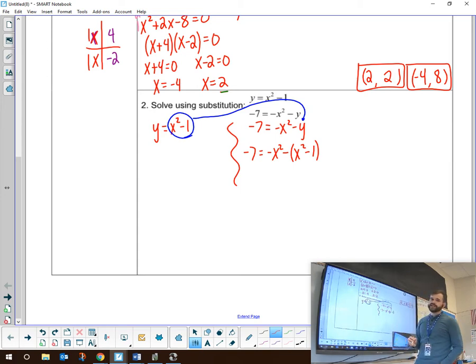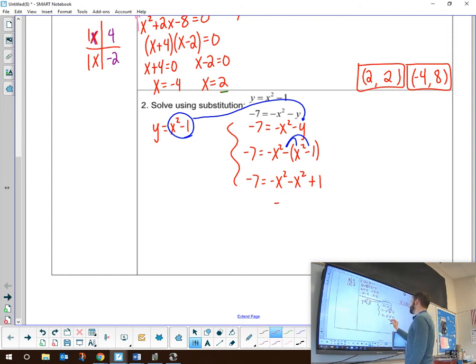Okay, now here's where I need to distribute that negative. You go negative times x squared, negative times -1. We're going to get -7 equals -x squared minus x squared plus 1. Crazy talk, right? So then we're going to combine like terms. -x squared minus x squared is -2x squared.